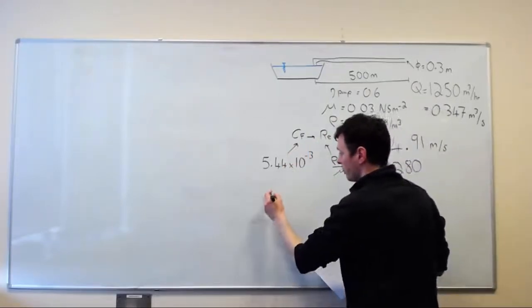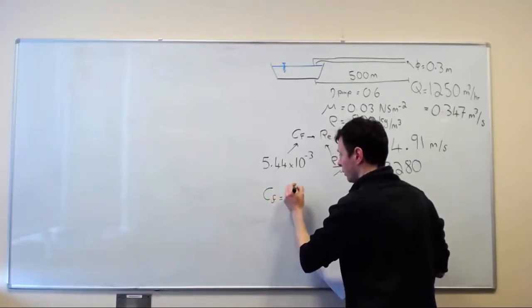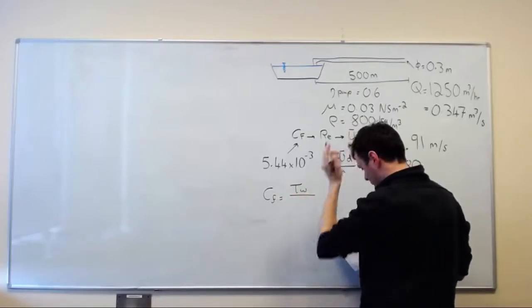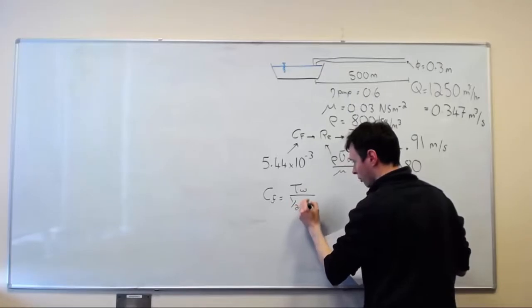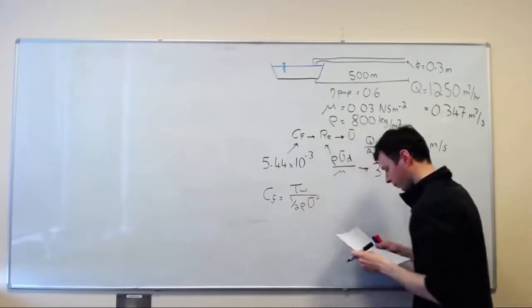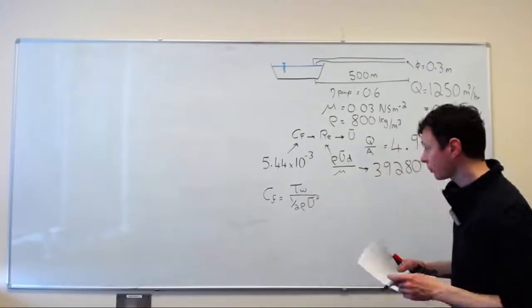Okay, and the expression that we need: CF equals the wall shear stress divided by the kinetic term, half rho U bar squared. That will come in later on, so we'll make a substitution.